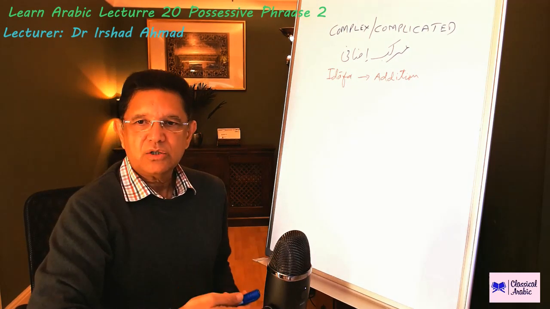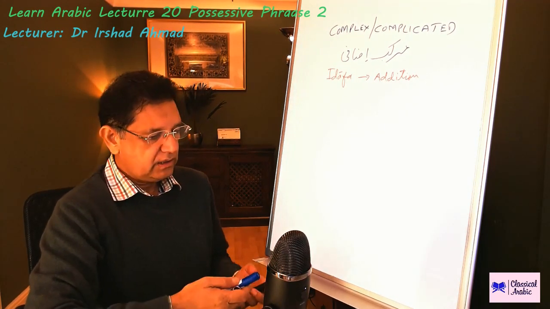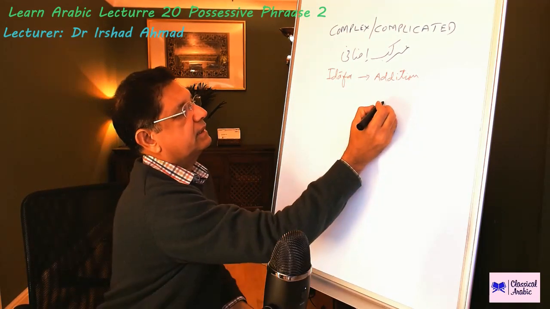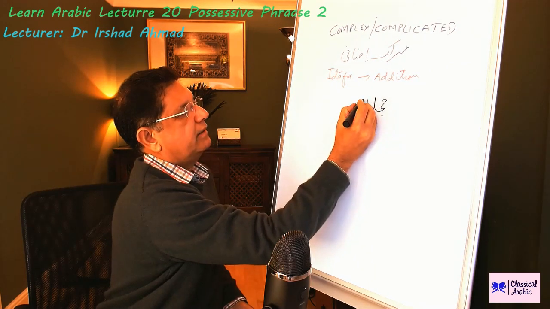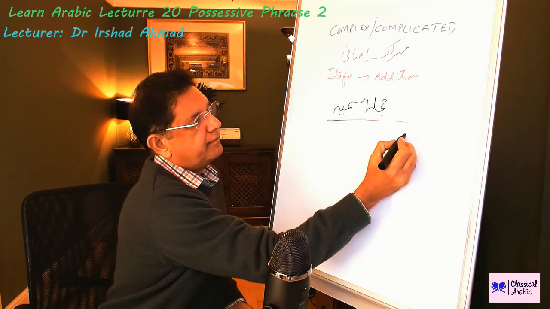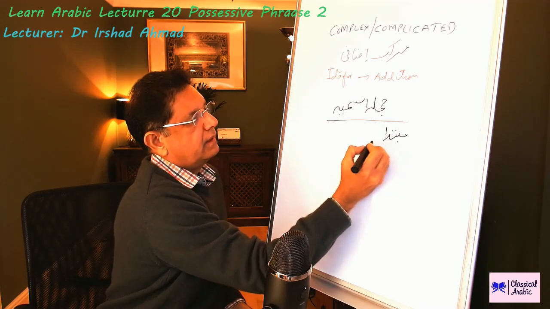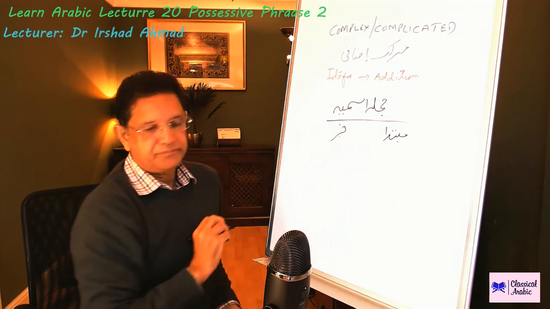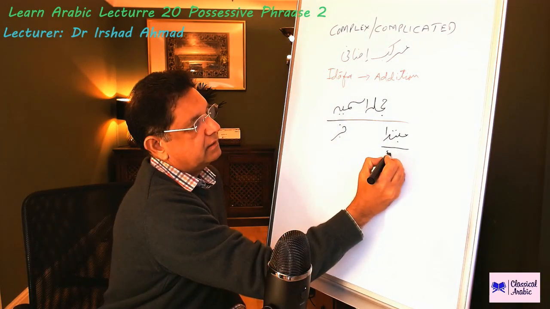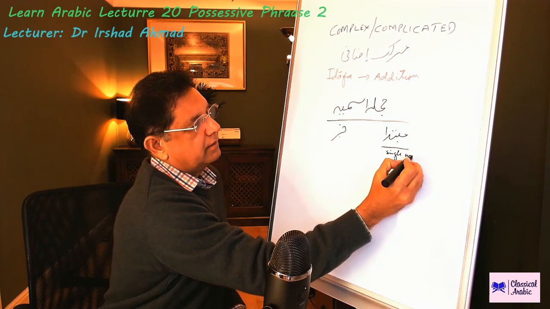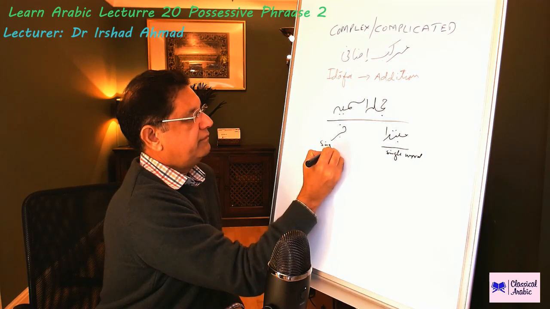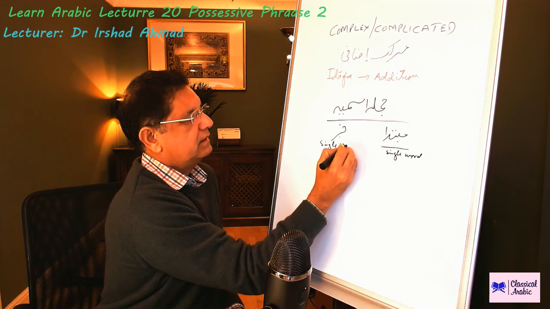Now let us go back to Jumla Ismiya. We know that Jumla Ismiya has two components. One is Mubtada and the other one is Khabar. So Mubtada could be a single word and Khabar could also be a single word. That's what we have practiced up till now, single words.